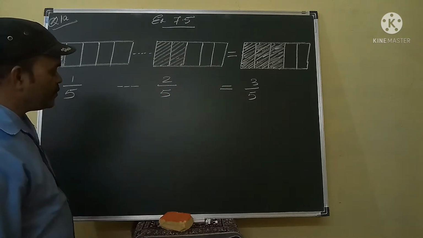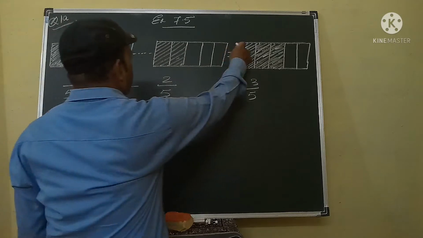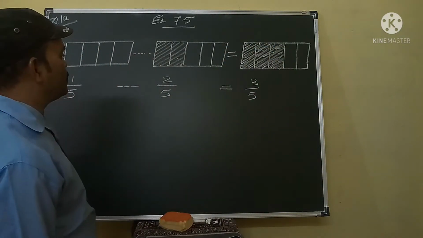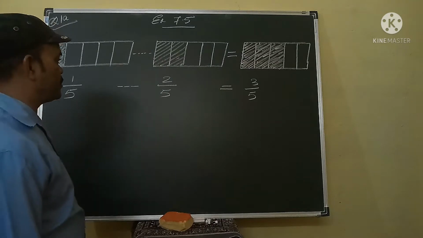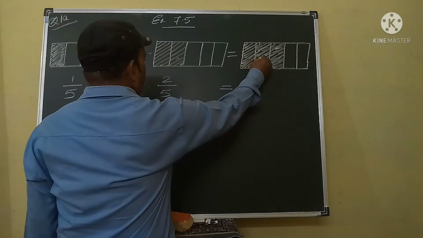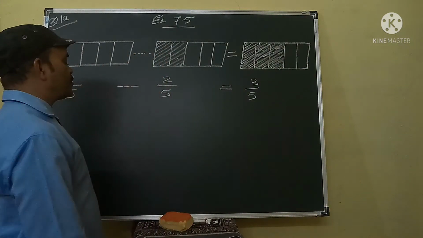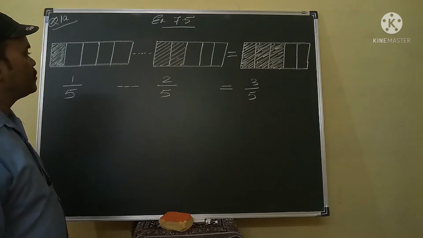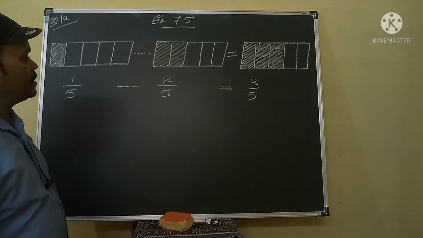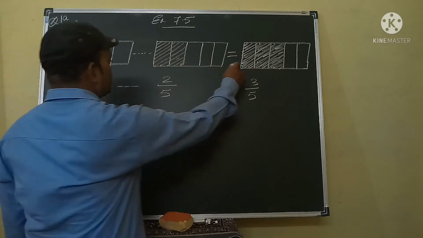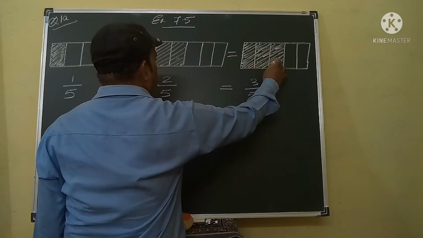Then this is the third rectangular block. The third rectangular block is divided into 5 equal parts: 1, 2, 3, 4, 5.